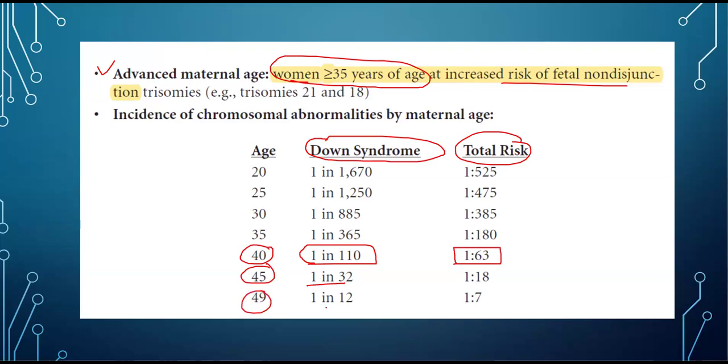At 45, 1 in 32, and at 49, 1 in 12. And for a 25-year-old, the risk is pretty low. Sometimes they ask what the risk of having a Down syndrome baby is for a 35-year-old patient. So you need to memorize at least these three: 35, 40, and 45.